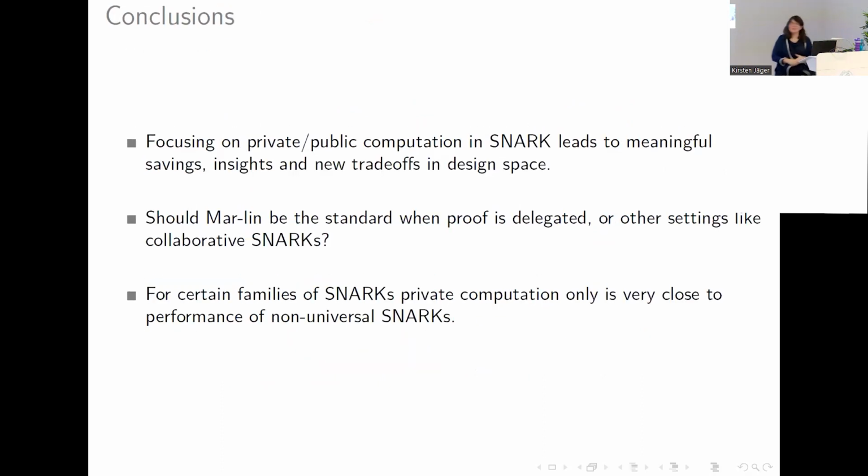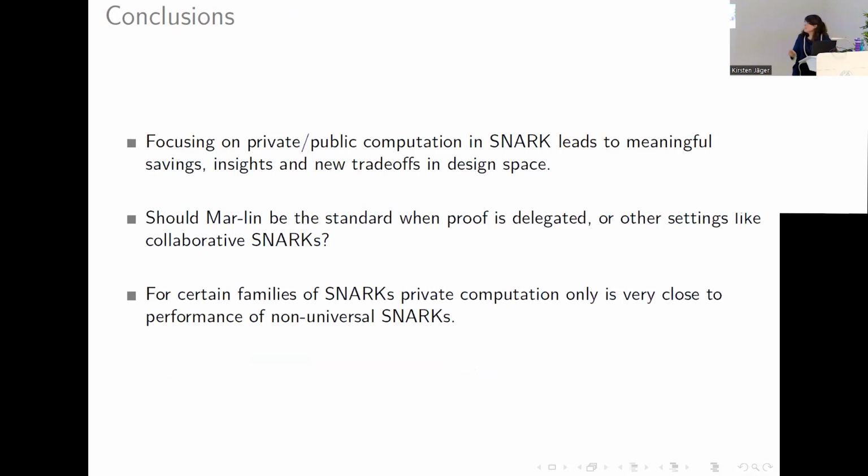Okay, so the takeaway of these last results that I gave you is that focusing on this private and public computation leads to meaningful savings and insights and new trade-offs in the design space. I think this Marlin should be the standard when the proof is delegated, okay? Because it really minimizes the part that needs to be done locally or through privacy-preserving techniques.